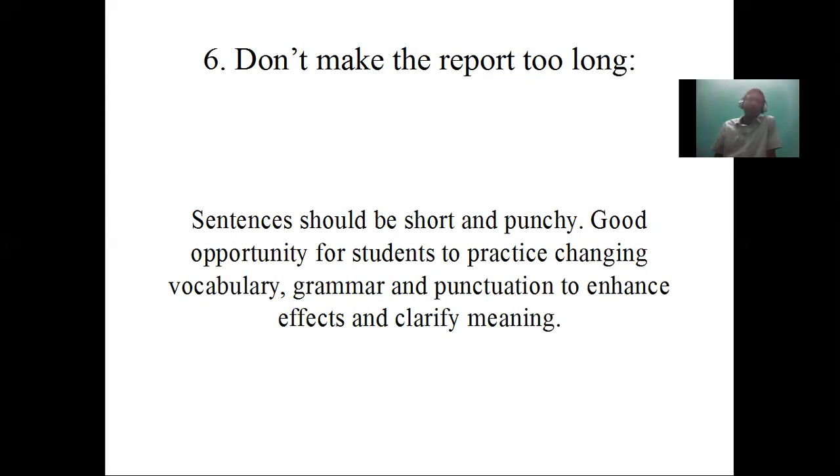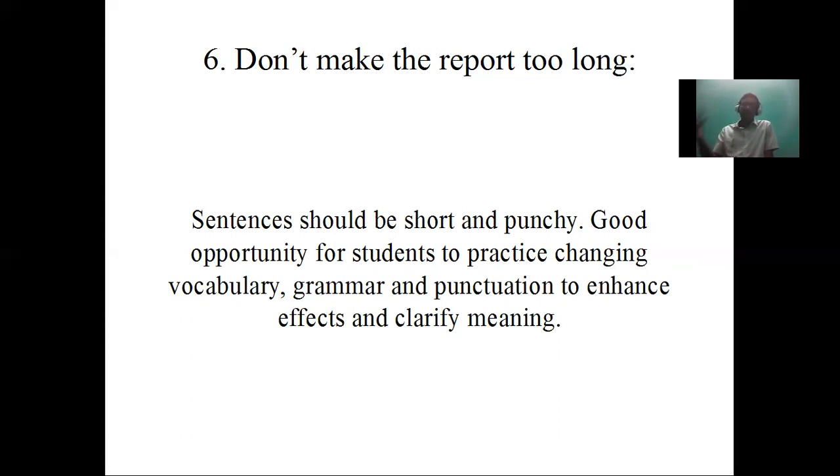It is a good opportunity for students to practice changing vocabulary. If you are a student and at the same time you are working as a reporter, it's a good opportunity for you to practice changing vocabulary. You can play with your vocabulary. Pun is a literary term, pun. You can play with your words.